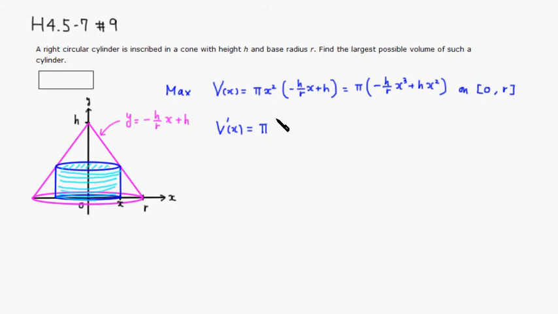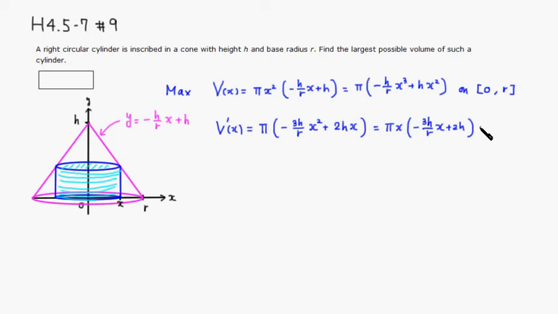The derivative would be negative 3h over r x squared plus 2h x. x is in common, so I'll pull it out: x times negative 3h over r x plus 2h.